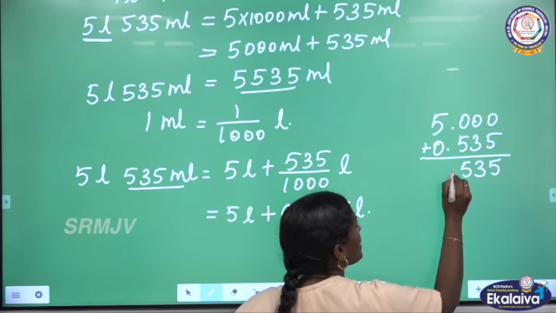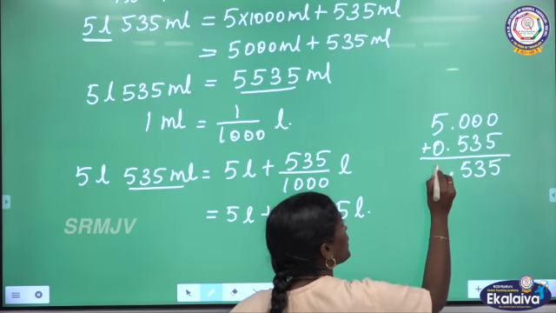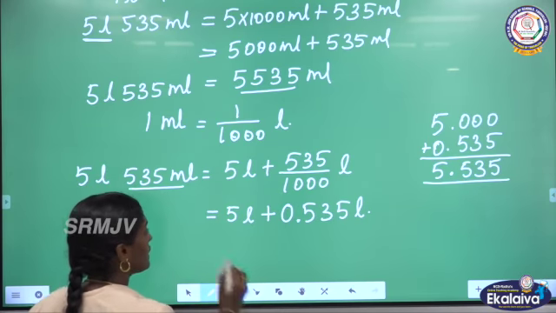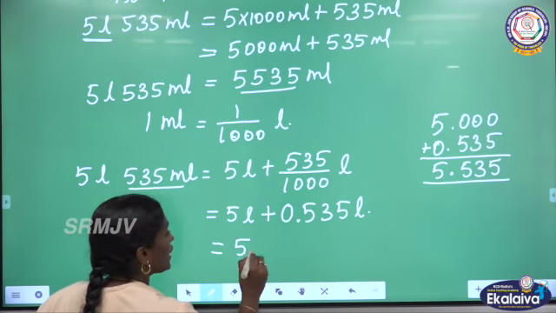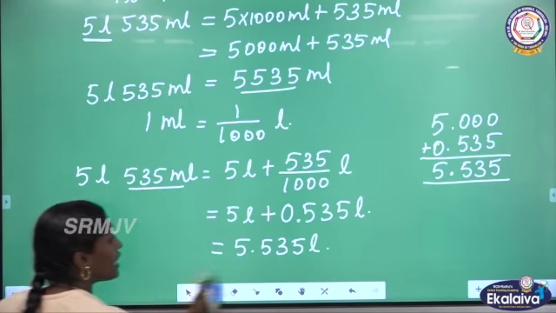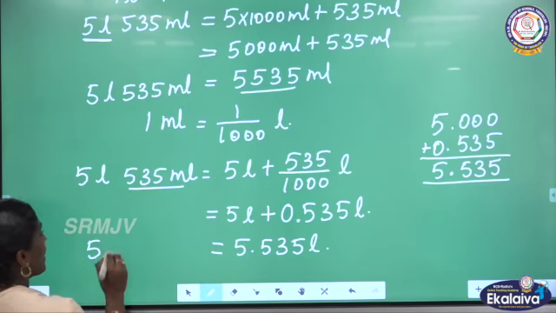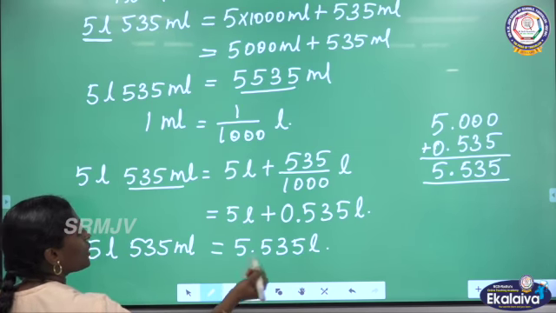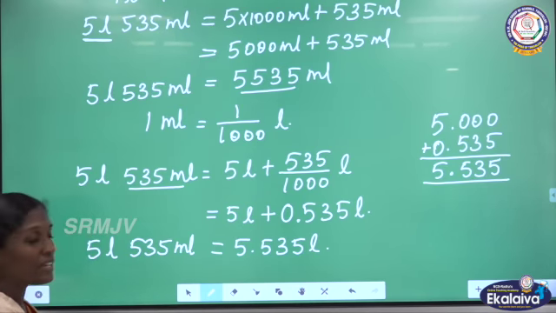Then we have to keep the decimal point. 5 plus 0, 5. So 5.535 liter. Now we got the answer in liter. So 5 liter, 535 milliliter is equal to 5.535 liter.